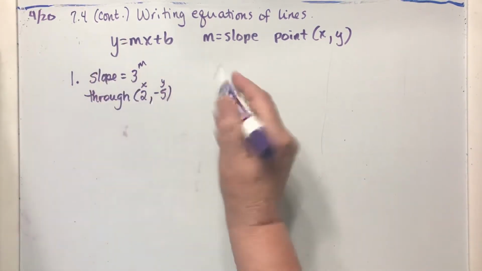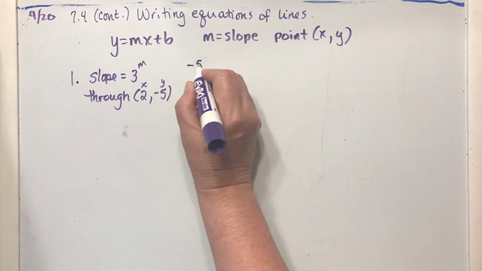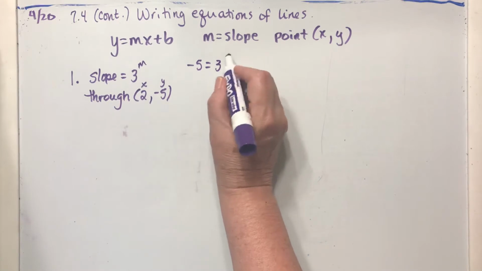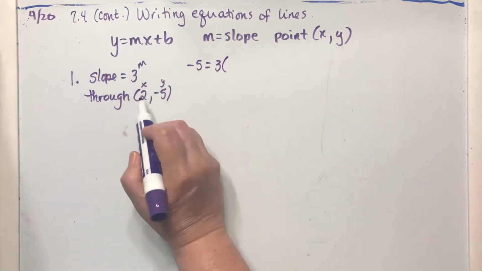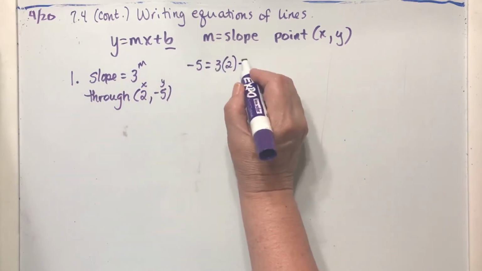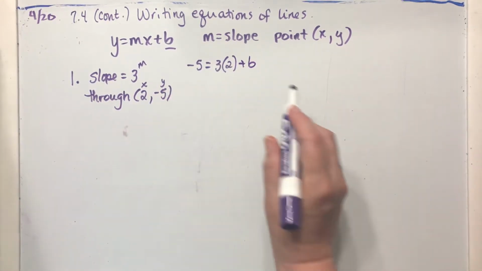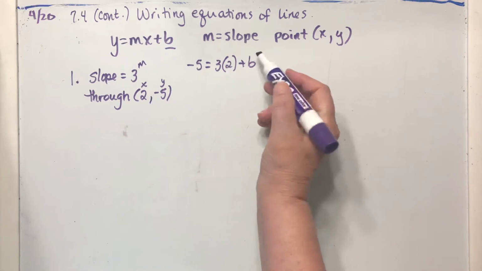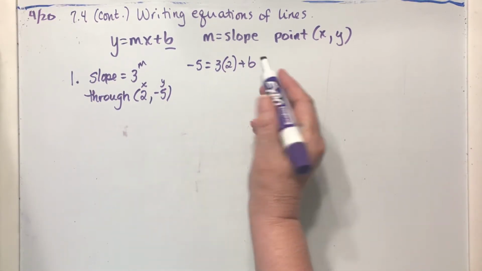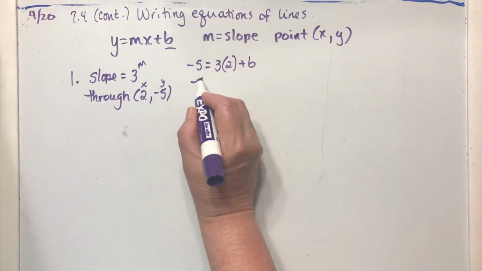So it says y equals, so that's going to be -5 equals, and then m, well that's 3, that's your slope, times x, in this case x is 2, and the only thing we don't know for all of these problems today is b. So we're going to use all this given information to help us find b.